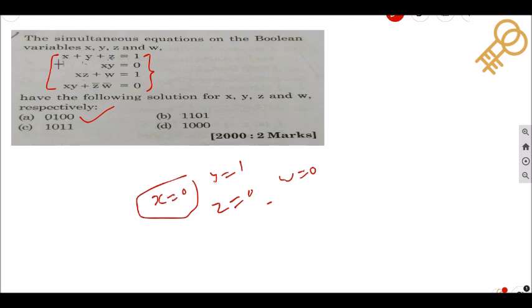Now x is 0, so it becomes 0, and y is 1, so it becomes 1, and z is 0 only, so the final value will be 1. So this value is satisfying the given first equation.